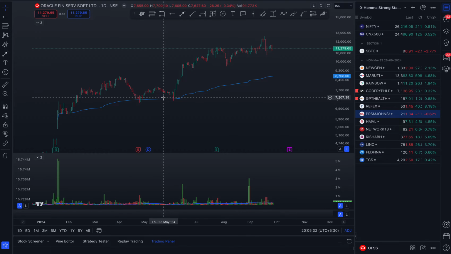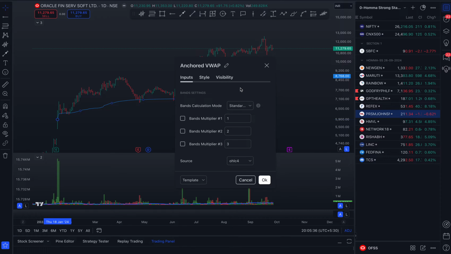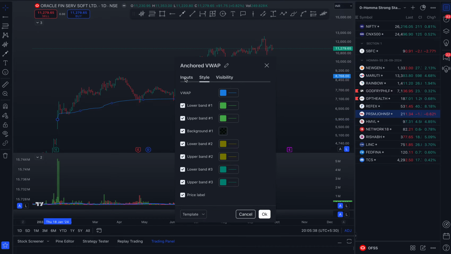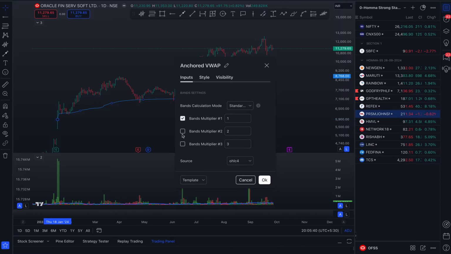In many of your AVWAPs, you might also get three lines. If you get three lines, that means your band multipliers are on. If you don't want that, you unclick this, and only the AVWAP will be there.